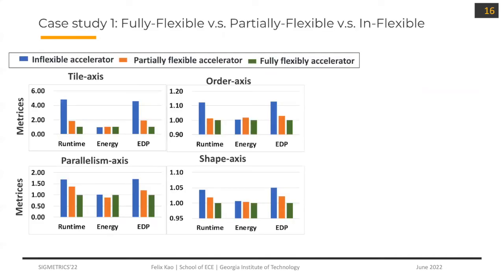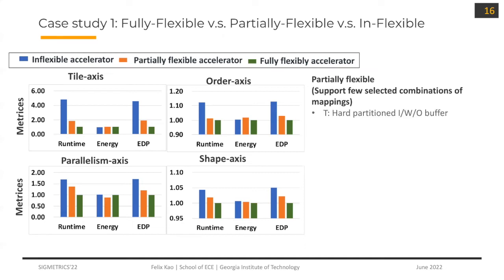For the first case study, fully flexible, partially flexible versus inflexible. First of all, let me describe how we consider partially flexible in this case study. It supports only a few selected combinations of mapping. In the partially flexible accelerator, for tile, we consider equally hard-partitioned input, weight, and output buffers as the partially flexible accelerator.